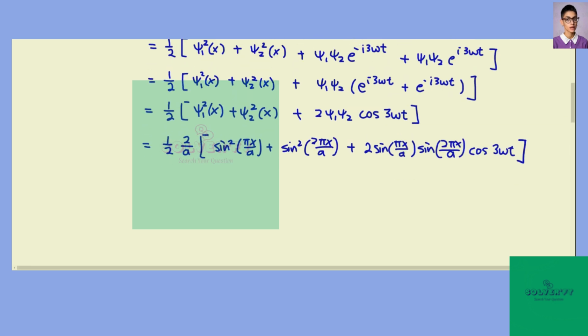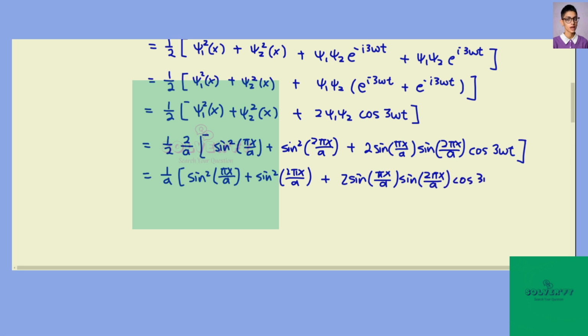Okay, and then you can simplify further. Okay, so this is the wave function, the probability density of the wave function at time t.